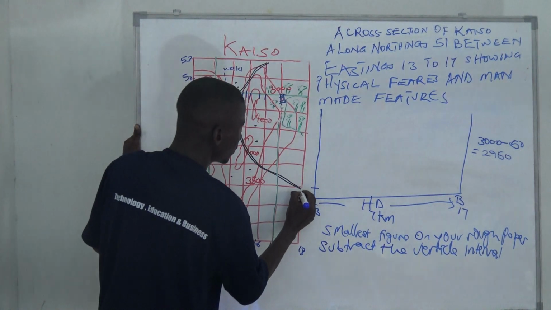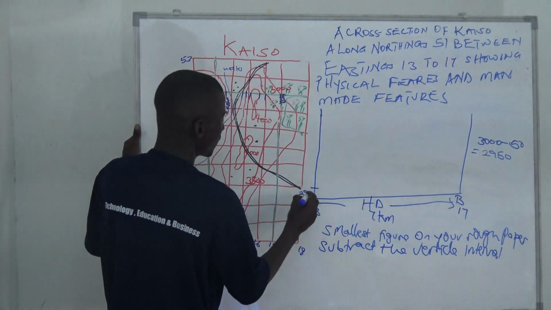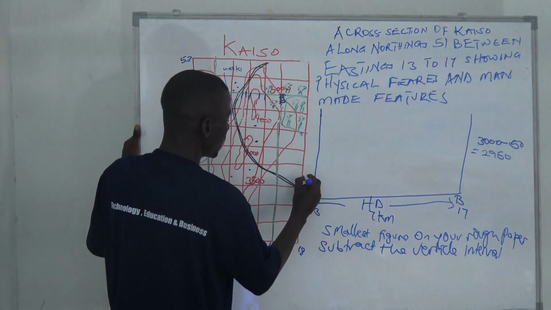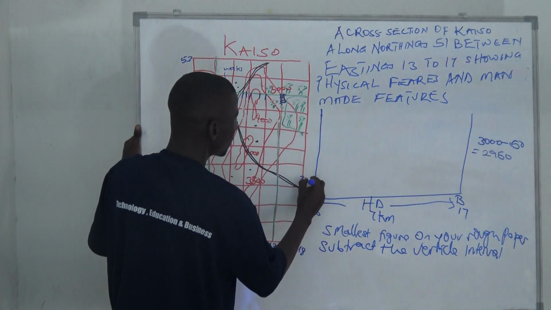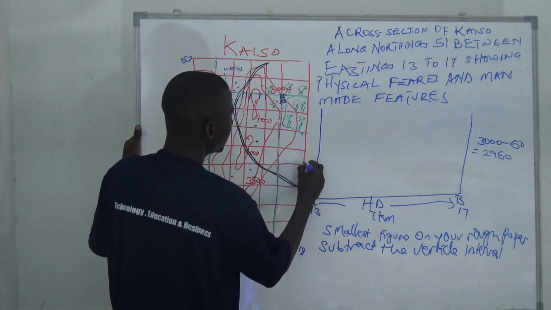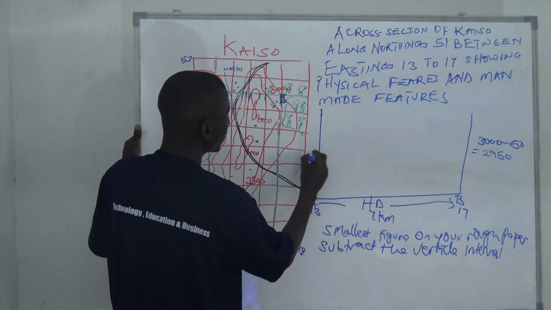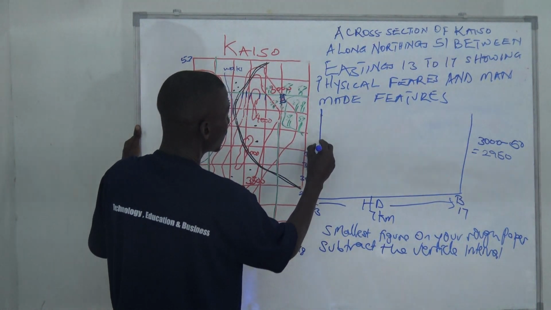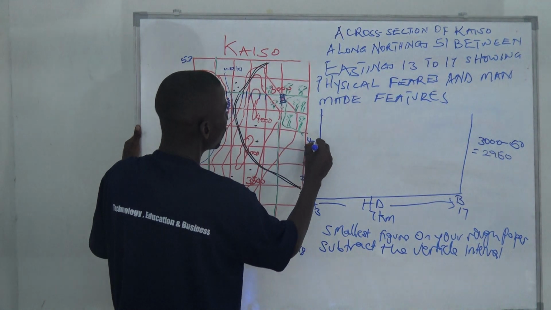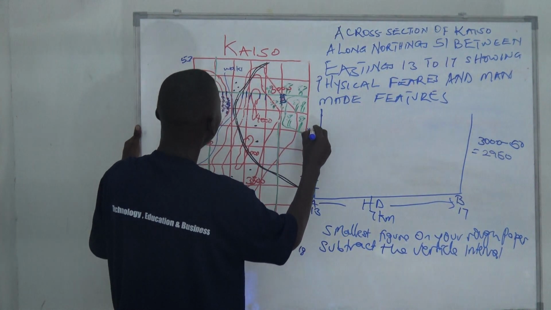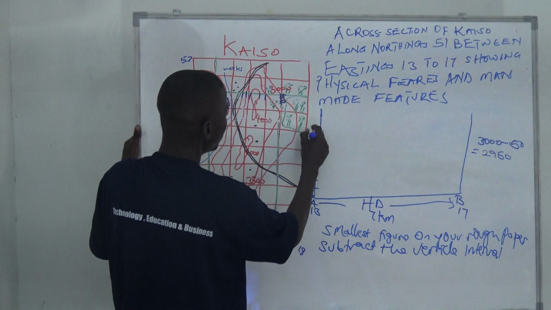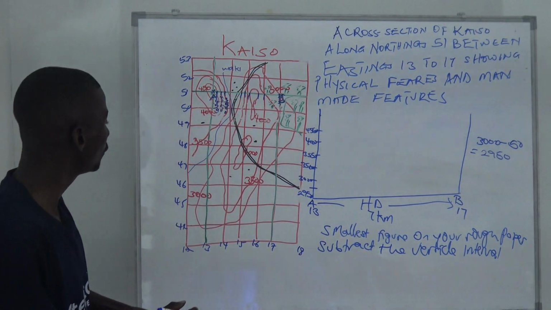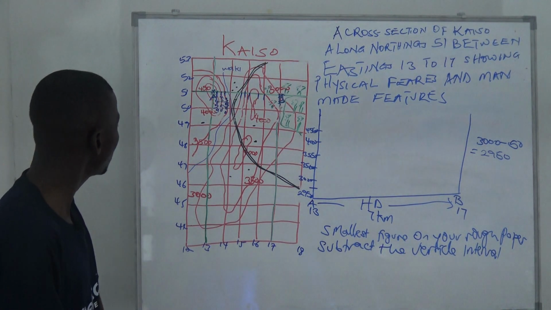So you write it here, 2,950. Then you go on adding the vertical interval: 3,000, 3,500, 3,550, 4,000, 4,550, a maximum of 5 centimeters.